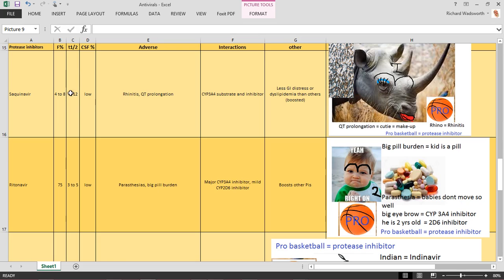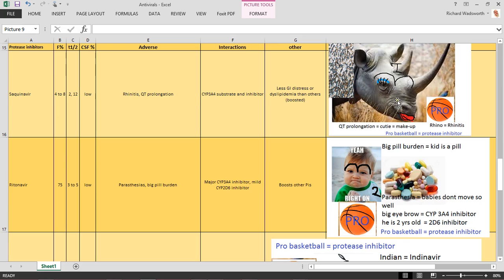I'm assuming that's what those two numbers mean. CSF percentage is low. Adverse effects, rhinitis. Oh, rhinoceros. That's what I thought of. So here's the rhinoceros, wearing sequin garb, and QT prolongation.